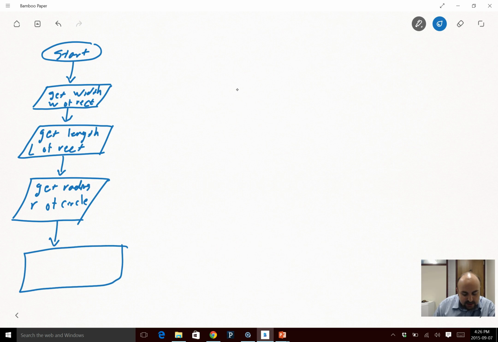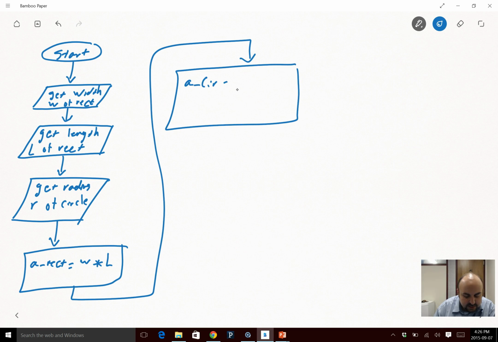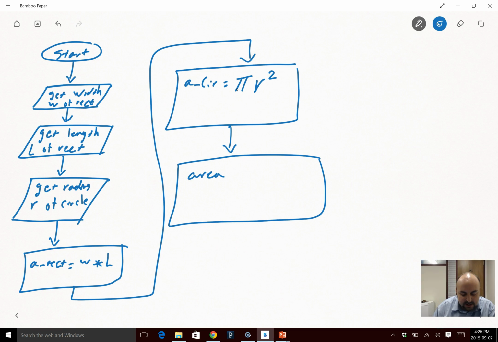So we're going to say area, so A of rectangle equals W times L. Then we're going to have area of circle equals pi r squared. Then I'm just going to say area equals area of rectangle minus area of circle.